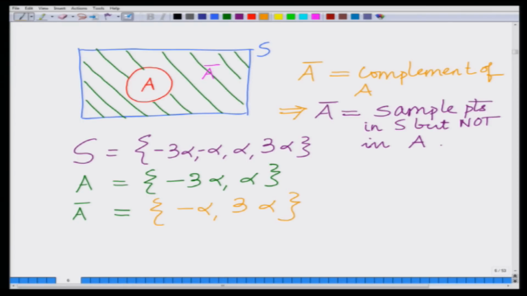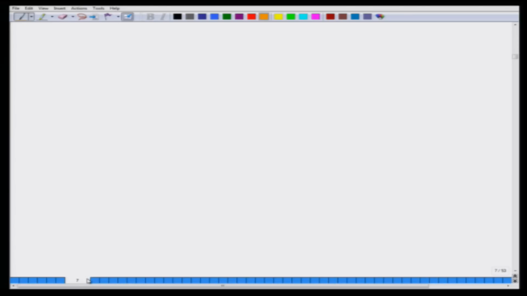Okay. Now, similarly, let us come to the next aspect, again from elementary set theory. This is also something that you should be familiar with.